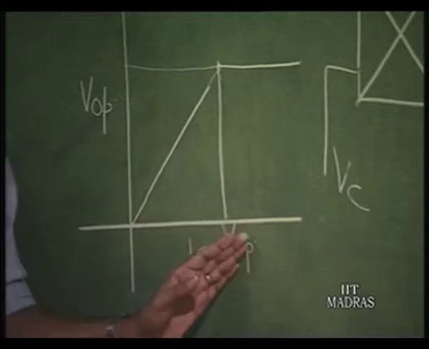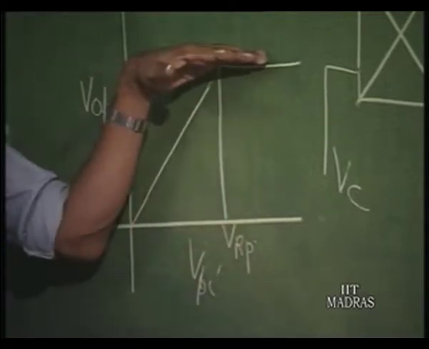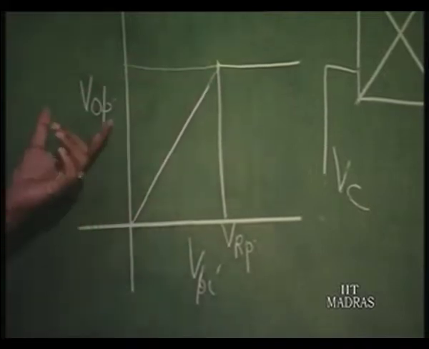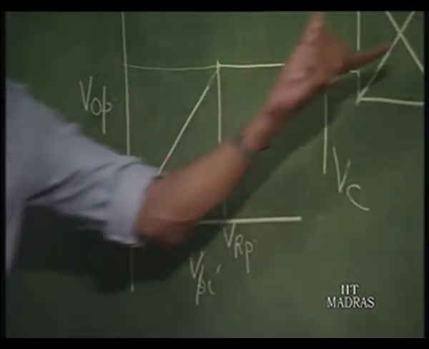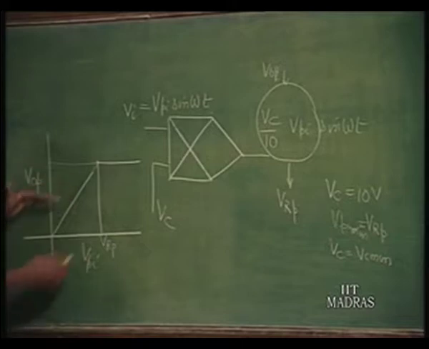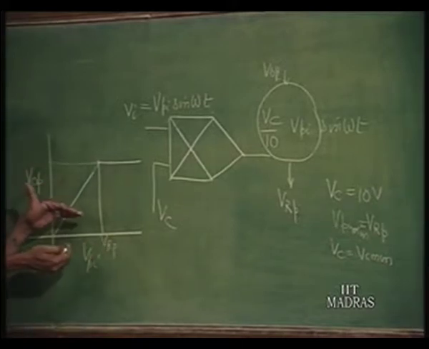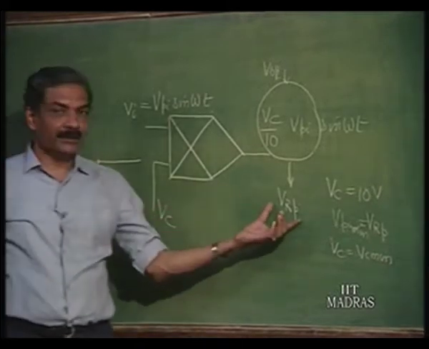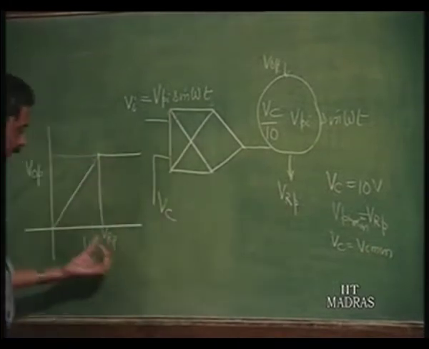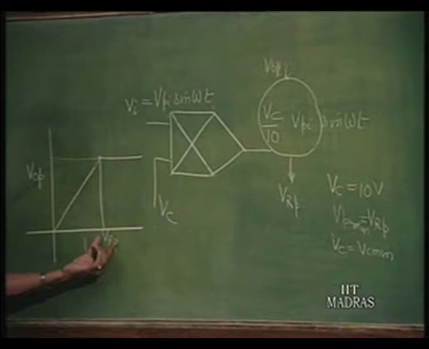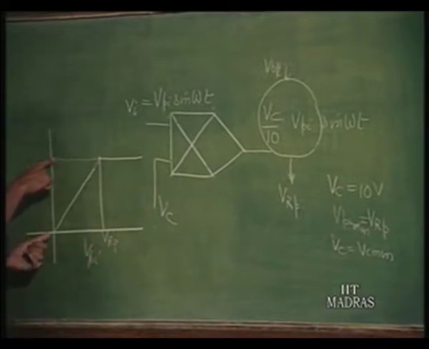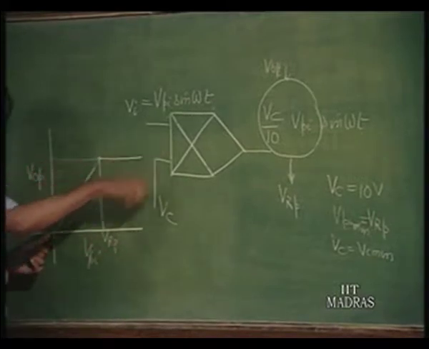If Vrp is 10 volts, this will be limited to 10 volts. Okay. But then Vop also cannot be greater than 10 volts, because this is a multiplier, right. So, you have to make Vrp less than 10 volts. So, let us say I am adjusting this to be 5 volts. Okay. So, this limit is at 5 volts. Okay. So, the moment Vop becomes equal to 5 volts, it will start controlling.